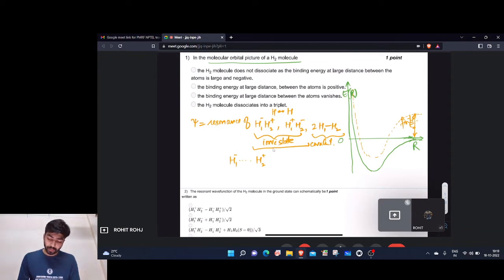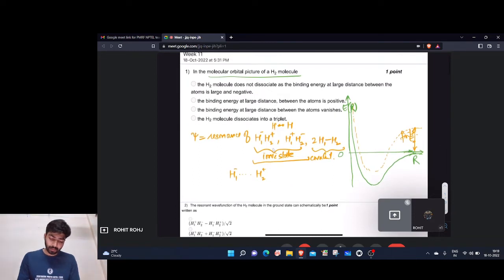So the contribution from these ionic states will be constant in such a resonance picture, and therefore the binding energy at large distances will still be finite and will not vanish to zero. So the correct answer for this question is that the binding energy at large distances between the atoms would be positive, because of the presence of ionic states in the material.